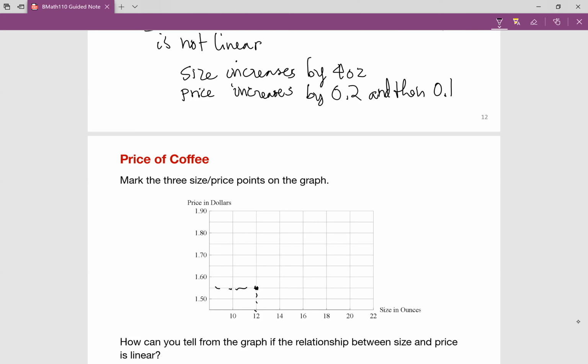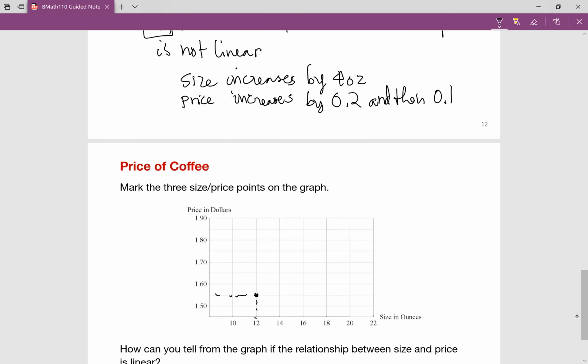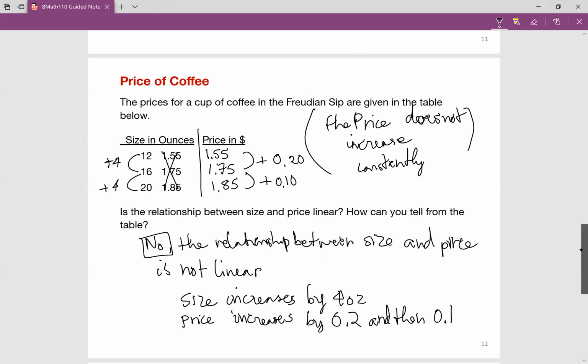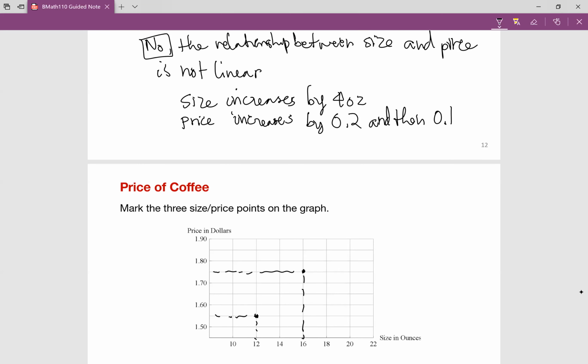Another point is 16 and 1.75. And then another point is 20 and 1.85.